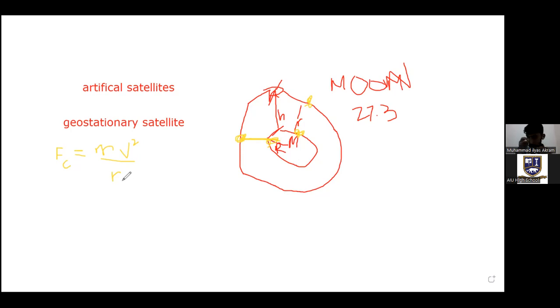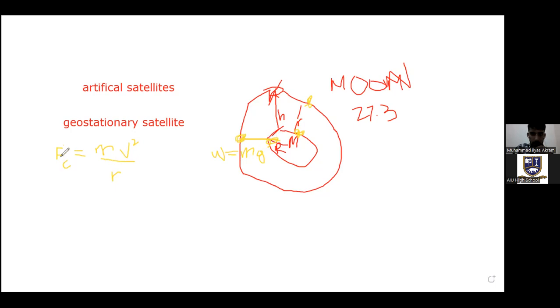So we can say that this satellite will have weight equal to mg, because it is moving in the gravitational force field that attracts it toward itself.